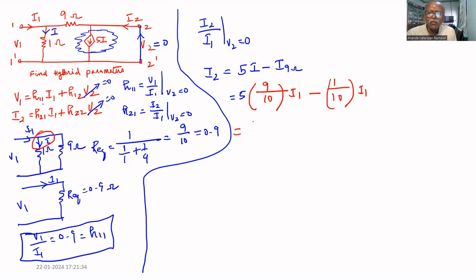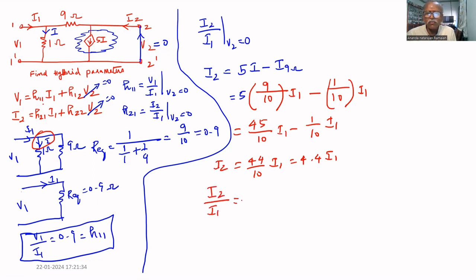Therefore, 45 divided by 10 I1 minus 1 by 10 I1, or 44 divided by 10 I1, that is equal to 4.4 I1. I2 divided by I1 equal to 4.4. We got another parameter. This is H21. H21 also we got.